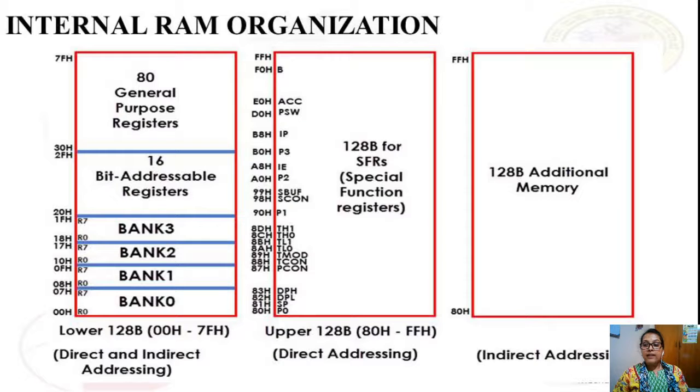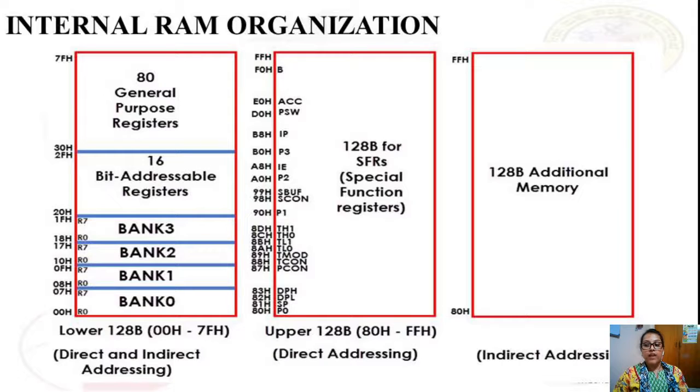When addressing the register by address, if I want to address the register using just an address, see here, 00 to 7H, for example 12H. If I want to access the register at 12H, it corresponds to Bank 2. This is 10, then 11, 12, 12H, that register will be in Bank 2.